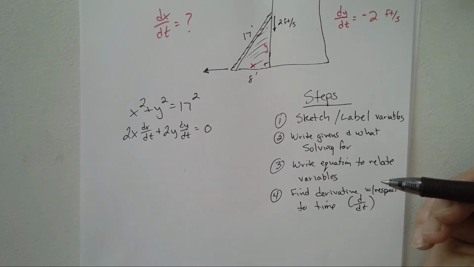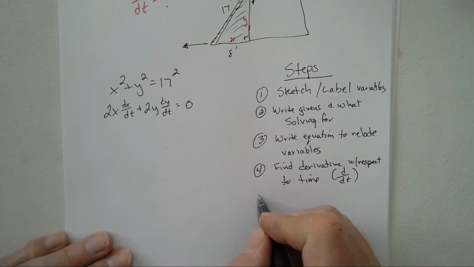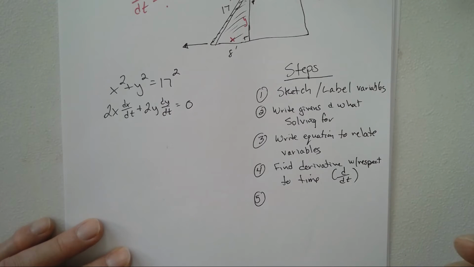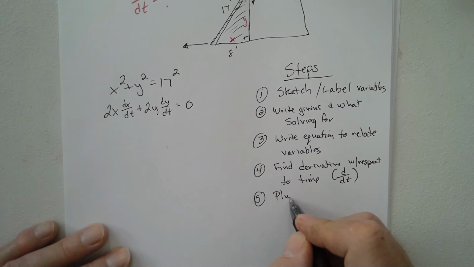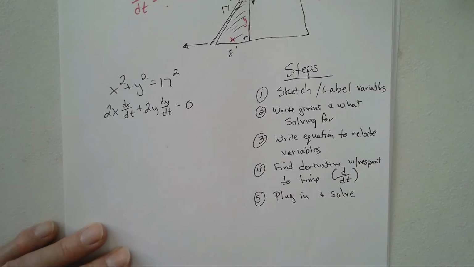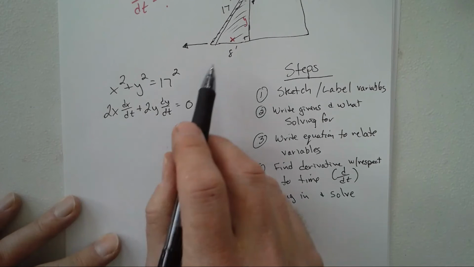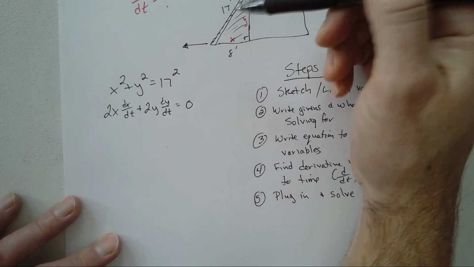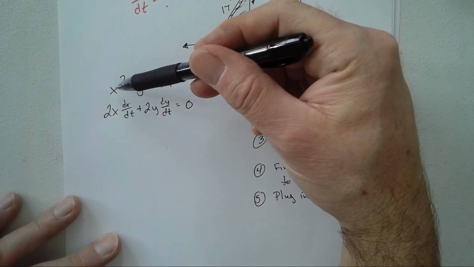Okay, so once we have our derivative, we're going to plug in and solve. So we know x is 8. The most common mistake people make is they plug 8 in for x right there because we know that x is 8.